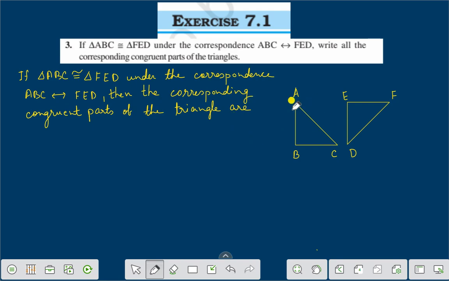Here you know that the corresponding vertices will correspond to one another, right?